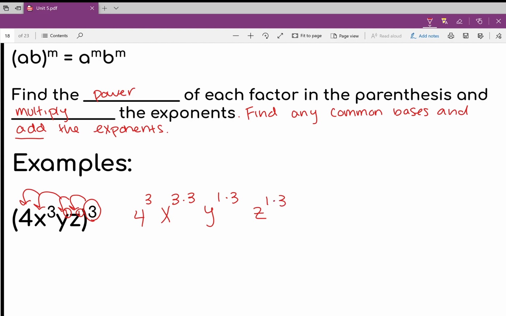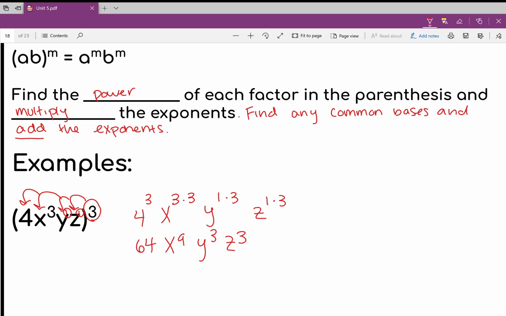So if I simplify this, 4 to the third power is 64, x to the 3 times 3 is x to the 9, y to the 1 times 3 is y to the 3, and z to the 1 times 3 is z to the 3.